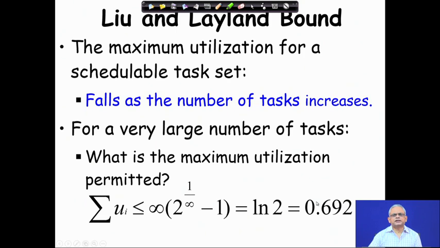If the number of tasks is, let us say, 2, 3, 4, etc., then we need to compute this expression n into 2 to the power 1 by n minus 1. As I was mentioning, for 2 tasks even up to 82% utilization, the task set can be feasibly scheduled by the rate monotonic scheduler.